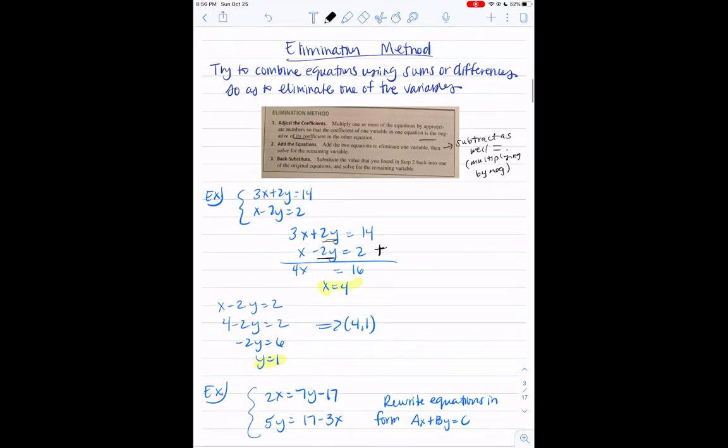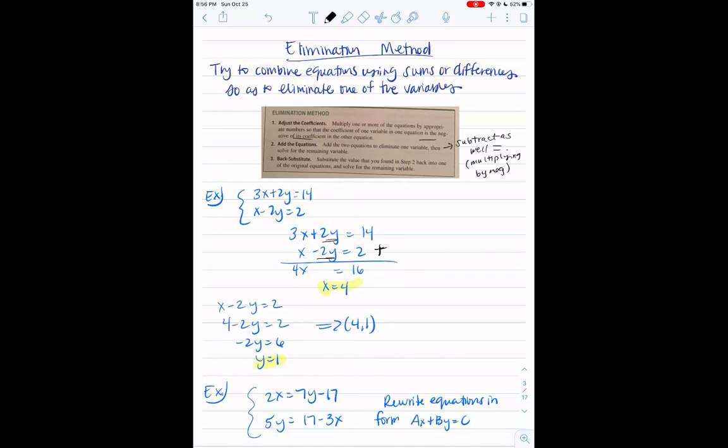So our next method is the elimination method. We try to combine equations using sums or differences so as to eliminate one of the variables. For our steps, our first step is to adjust the coefficients. You multiply one or more of the equations by appropriate numbers so that the coefficient of one variable in one equation is the negative of its coefficient in the other equation.